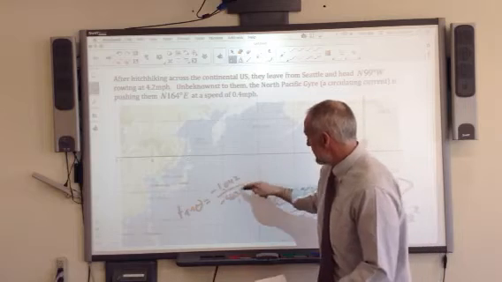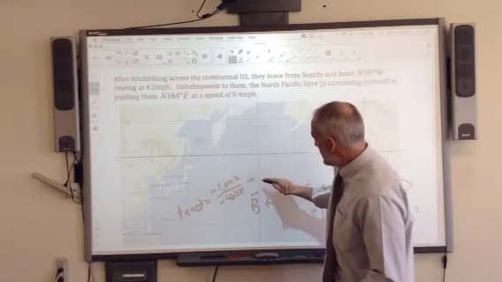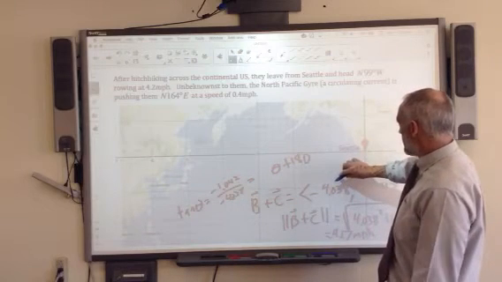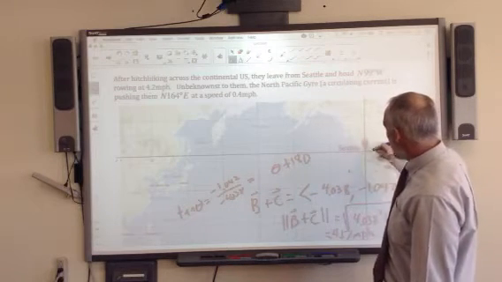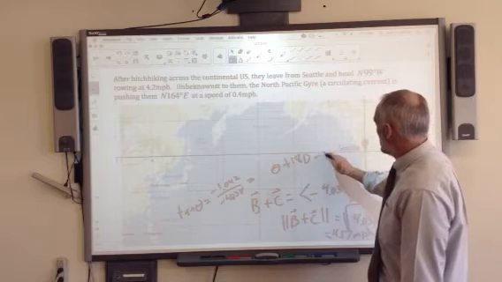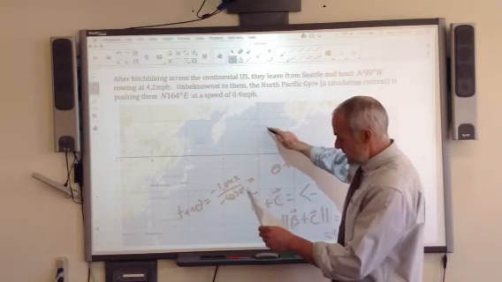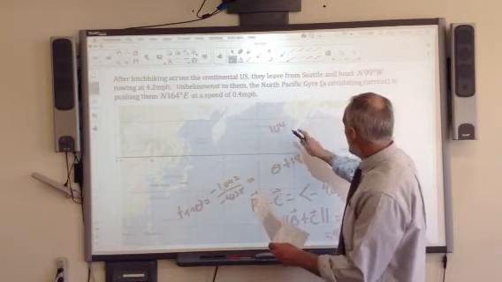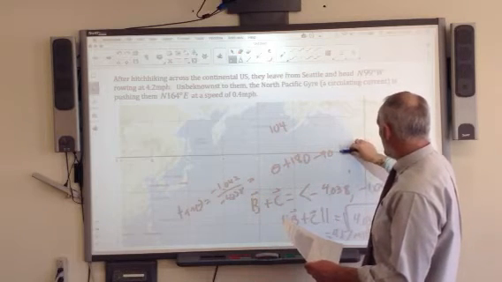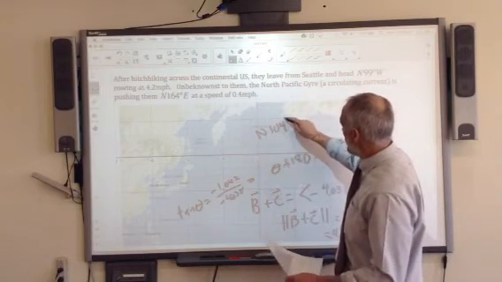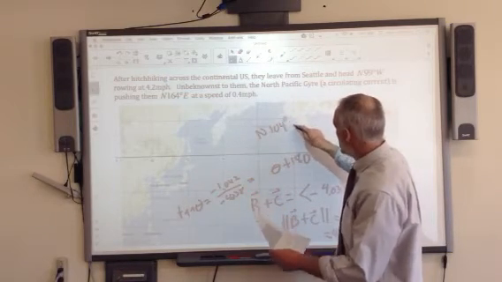So I take this angle, add 180 degrees to it, which puts me into the third quadrant, and then subtract 90 from that. So I really only wanted to add 90 to it. And so the angle I get is 104 degrees from here: 90, and then 14 degrees more. That's north, 104 degrees west.